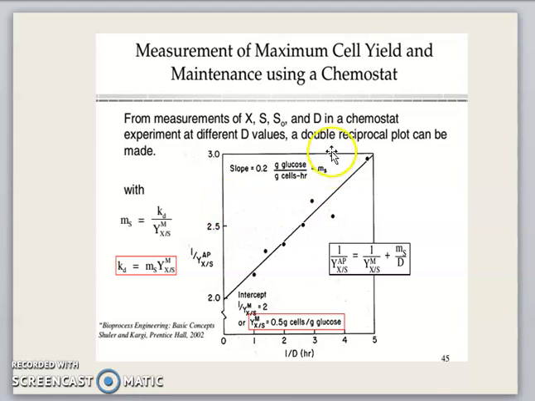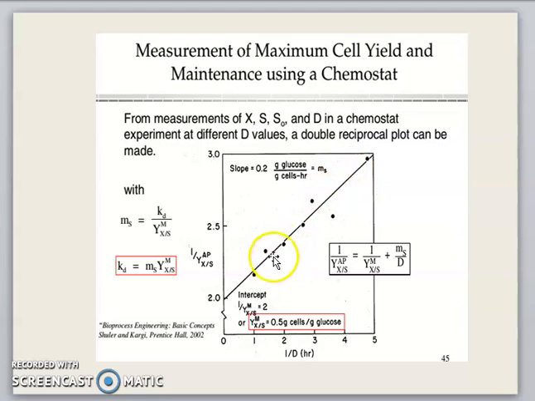From this plot, we may be able to calculate the value of the maintenance coefficient based on substrate, so that later we can have the Kd value, because this is for endogenous metabolism. You can also get the value of Y m xs from the intercept at the y-axis.